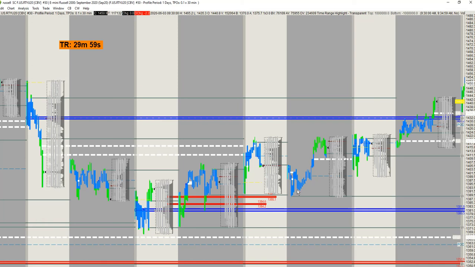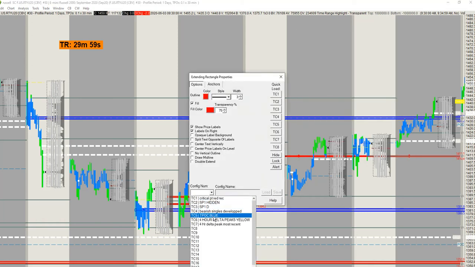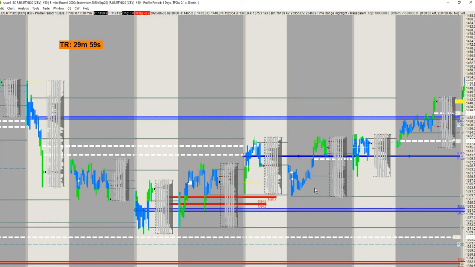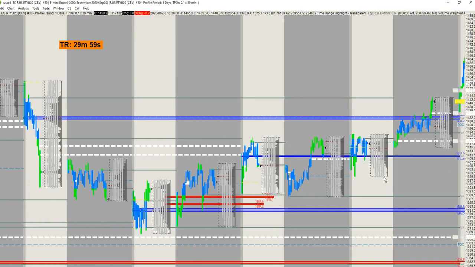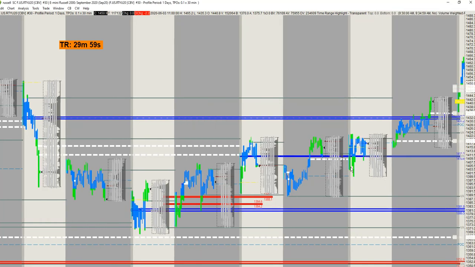The next day, sellers are still not in control because our TPOC is here. Okay. And the next day we kind of trade below it several times. But if you look at the overnight, we had this low volume node in the overnight here.